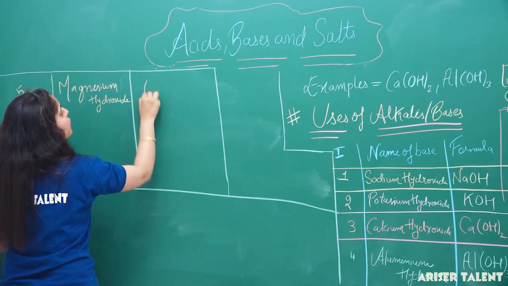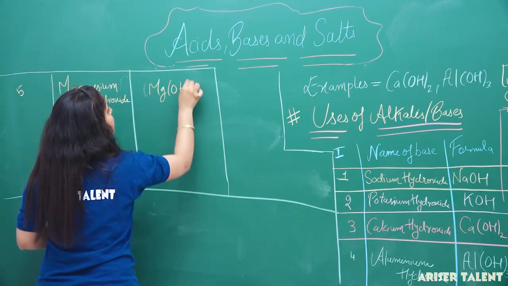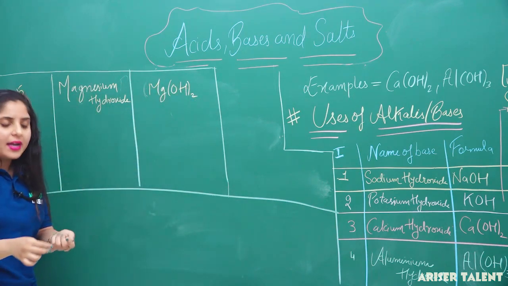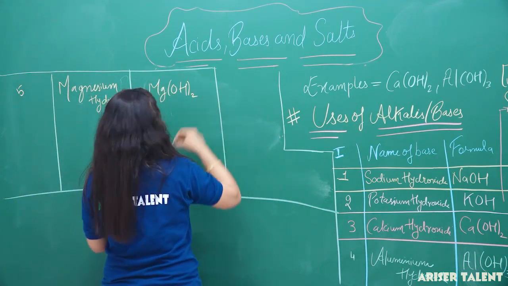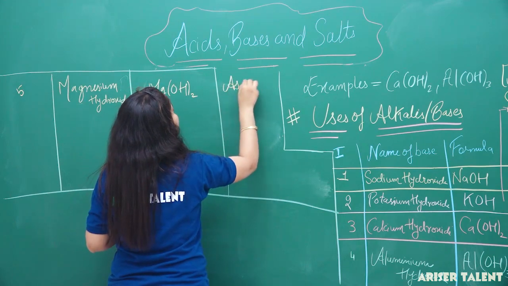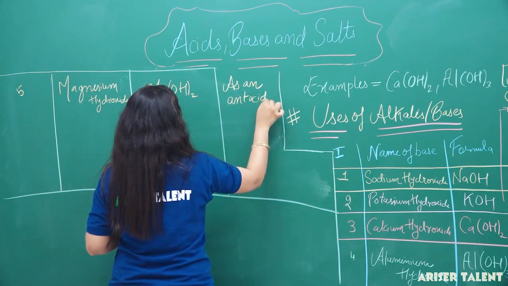Magnesium hydroxide has the general formula Mg(OH)2, and it is basically used as an antacid. So its application is that it is used as an antacid in case of acidity.